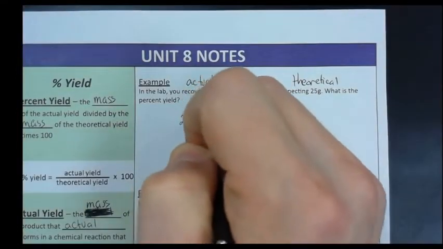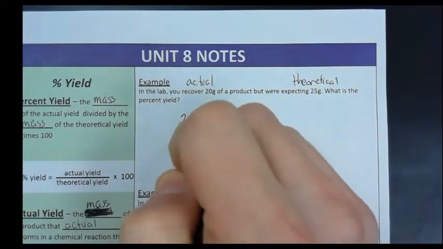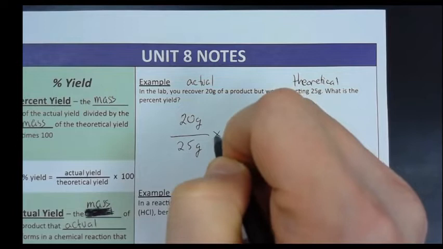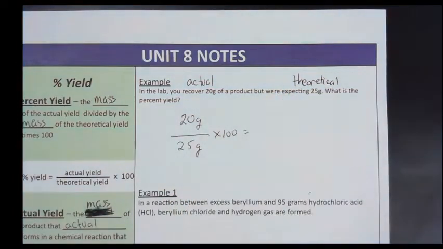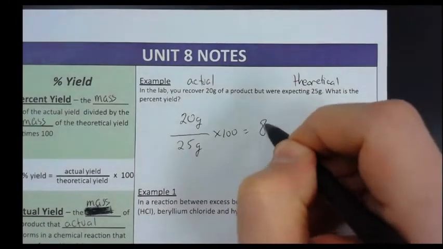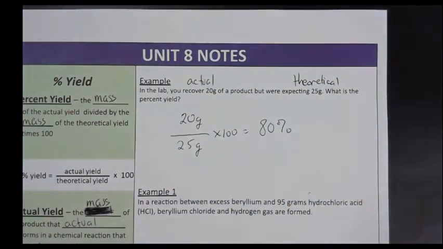So if we have 20 grams that we're actually making when we're supposed to be making 25 grams, all we're doing is determining a percentage of that amount. So we do 20 divided by 25 times 100, and we would say that this particular percent yield is 80%. We were 80% effective in making the amount of product that we were supposed to make.